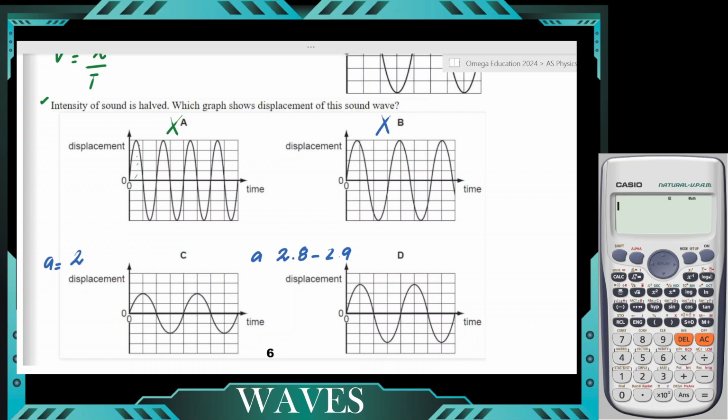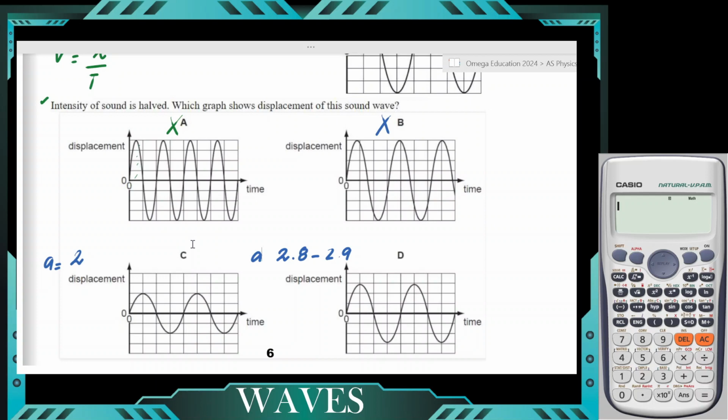You might be tempted to say the amplitude would also be reduced to half. That's not going to be the case, because intensity and amplitude are not directly proportional. It's not that if your intensity is reduced to half, then the amplitude is also reduced to half.